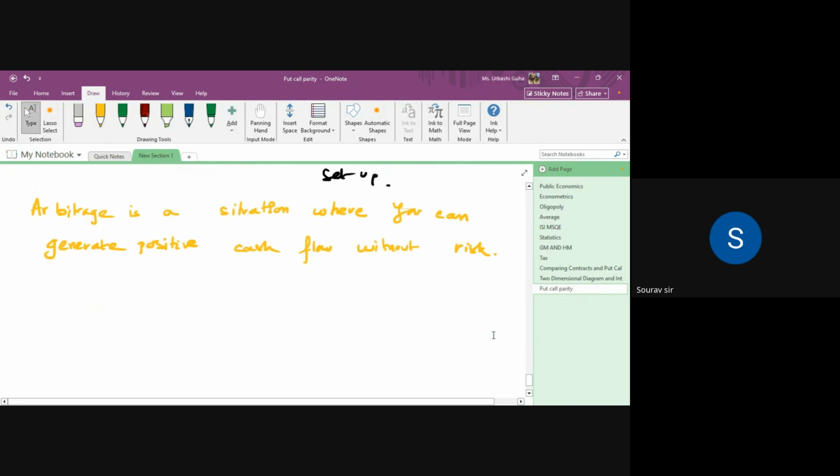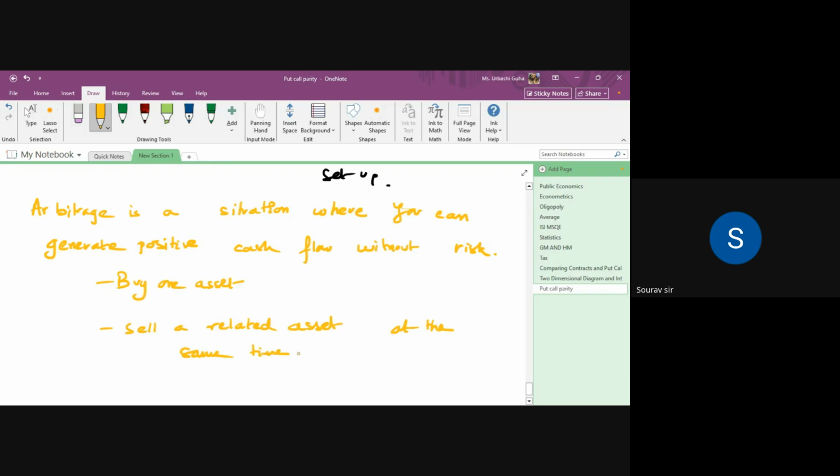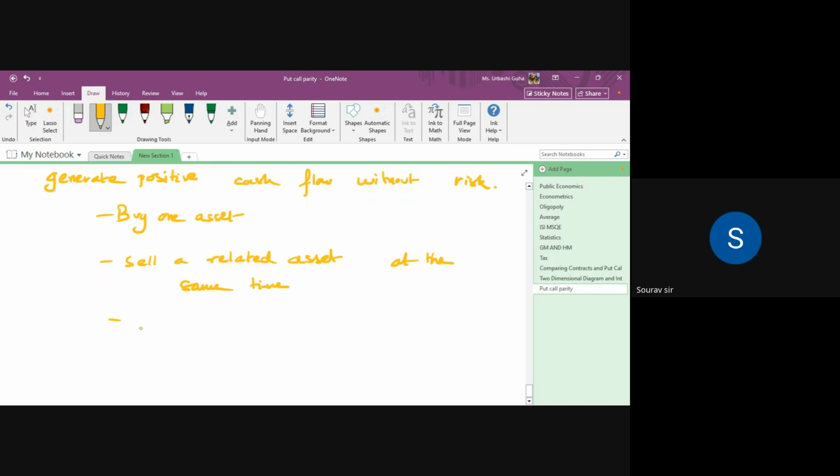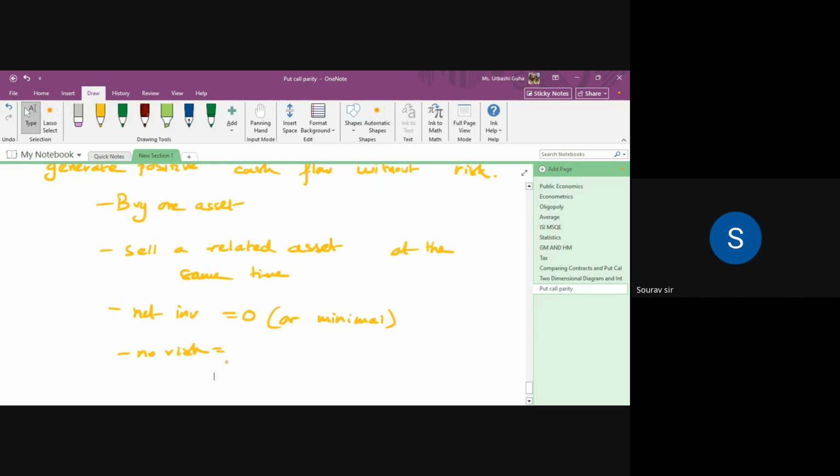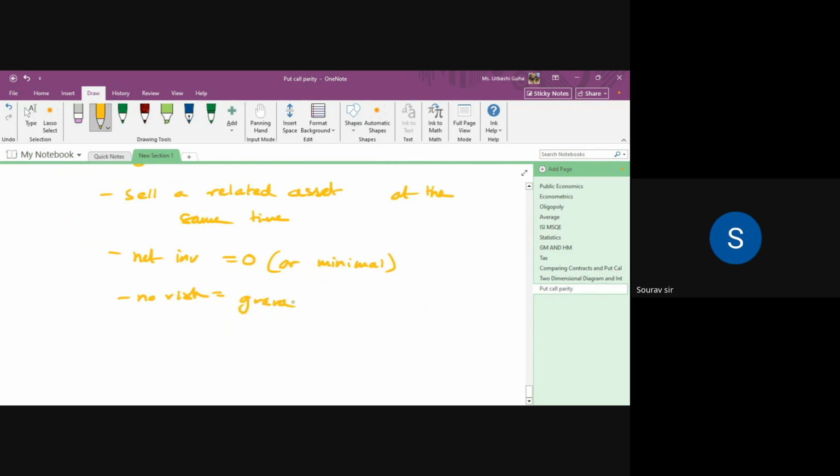You buy one asset and sell a related asset at the same time, and the net investment is zero, or minimal. And here there is no risk, so it's guaranteed profit. So this is essentially free money.